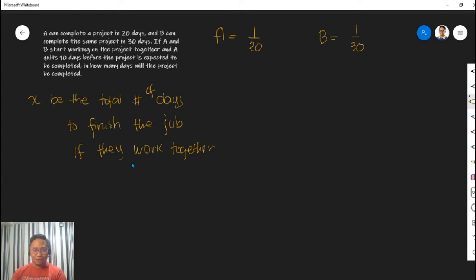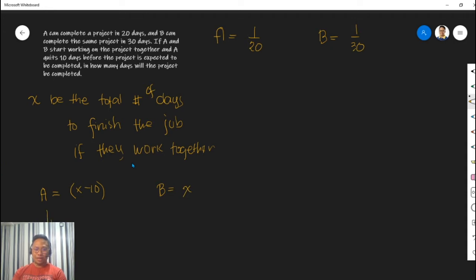So for A's number of days, he can do the job x minus 10. Why? Because he quits 10 days before the completion of the project. And B actually works the entire required time to complete the project. So let's say it's x.